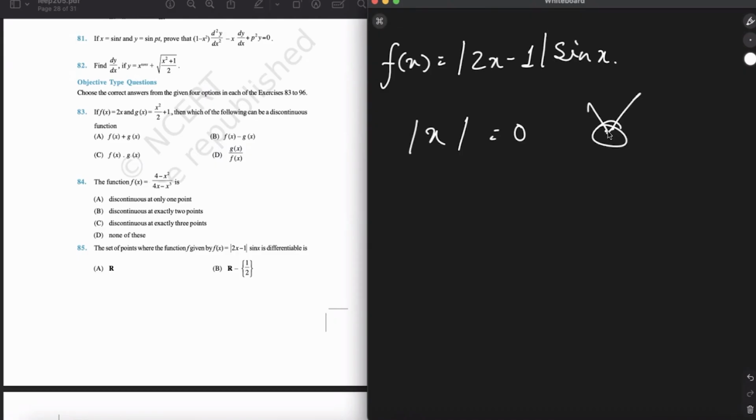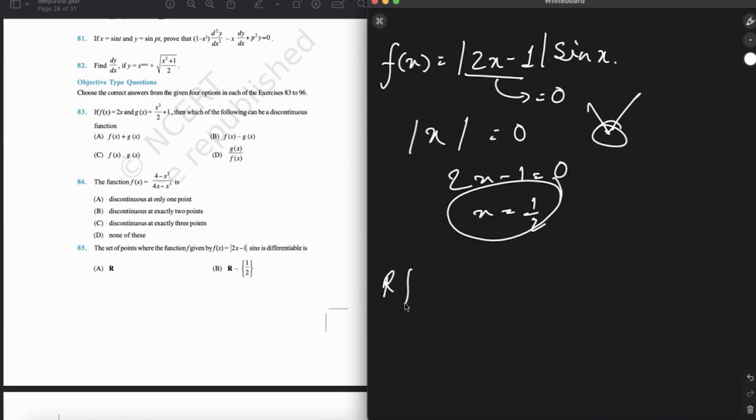This is the point of non-differentiability. So we have to check at only the point where the expression inside is equal to 0. That means 2x minus 1 is equal to 0. That means x is equal to 1 by 2. This is the point where you have to check. Alright, so let's check for differentiability.